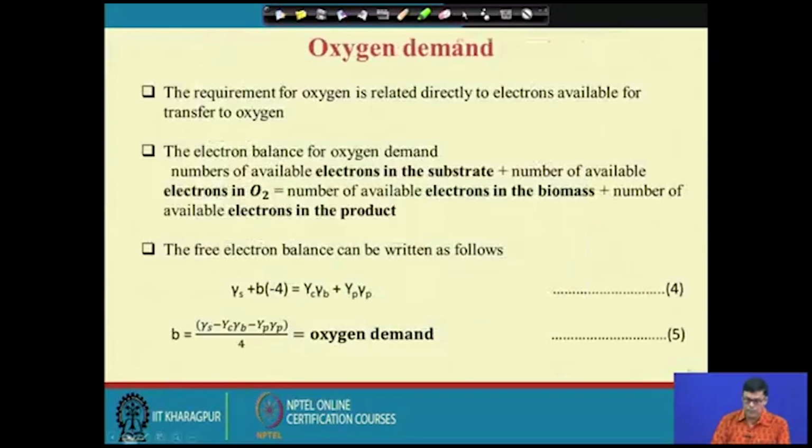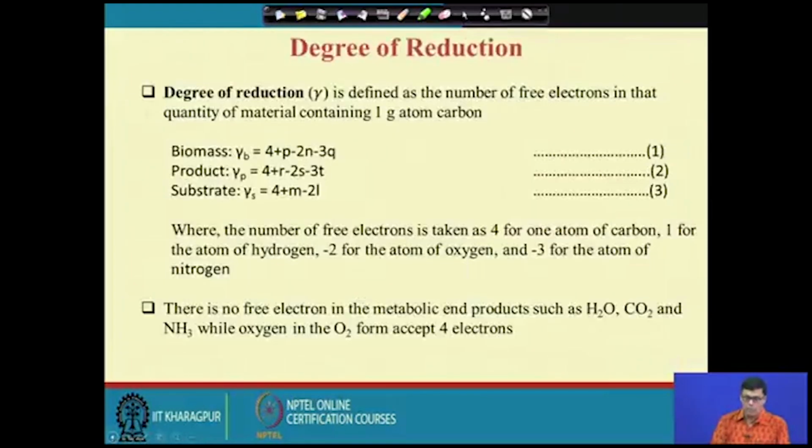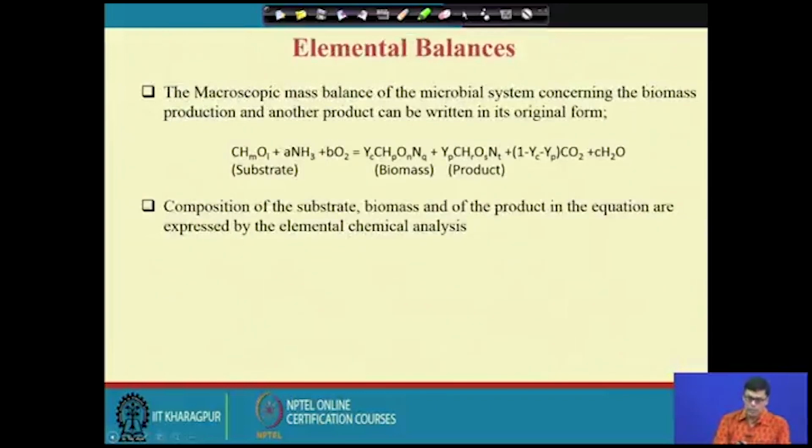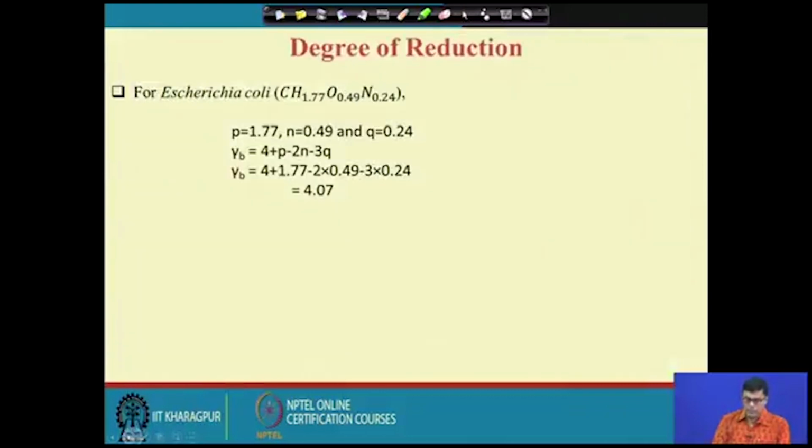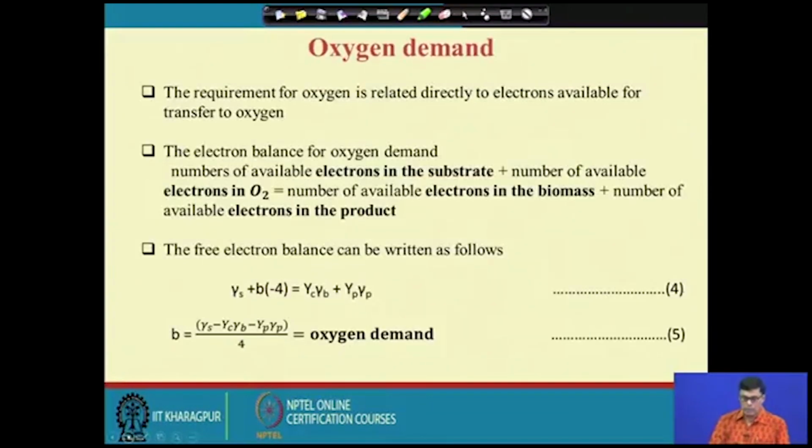You can practice. Now, how do you calculate oxygen demand? This is very important. I have already shown that our common equation is substrate plus ammonia plus oxygen gives biomass, product and carbon dioxide. Now, if we do the balance, this is the degree of reduction of the substrate.